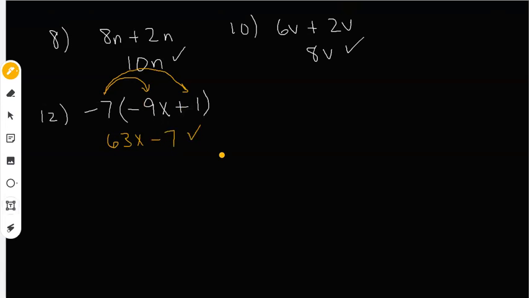And we're done. So that's number 12. You're essentially taking whatever's on the outside, that -7, and you're multiplying it by everything on the inside. And that's called the distributive property. So know that for the test. That is number 12, distributive property.